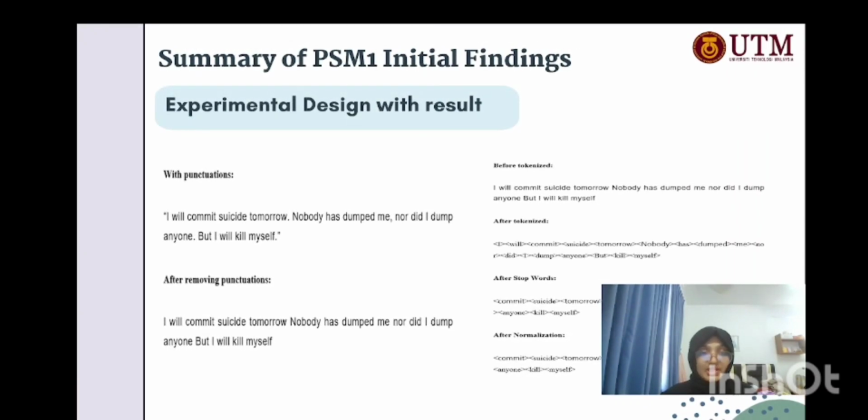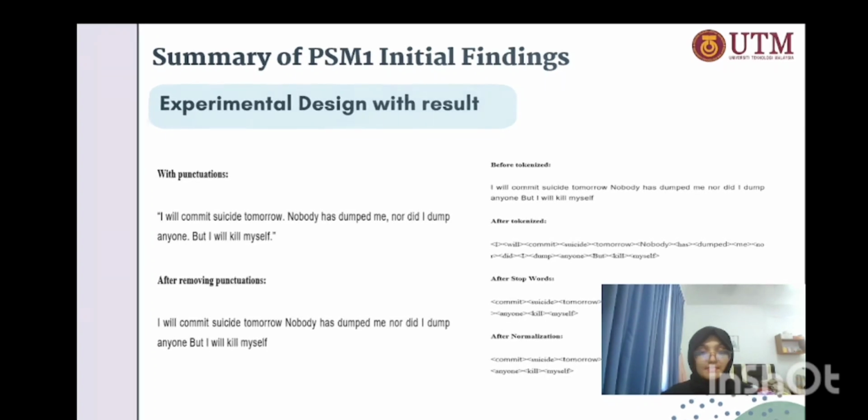So these are the pictures with punctuation, the line, and then after removing the punctuation, the line, then before the tokenized version, and then after tokenized version, and then stop words, the words that were not needed, I just deleted those words, and then the normalization, all the capital letters are turned into small letters.